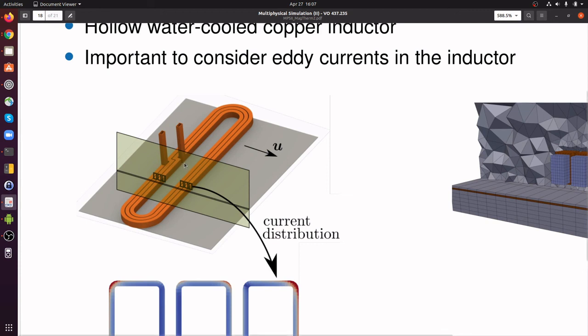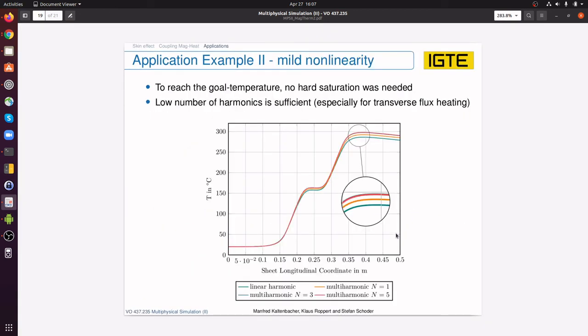Then it cools down a little bit, or does not heat up as much as directly under the inductor. And then there comes the second kind of boost to obtain the final temperature. Then after the inductor, the temperature of the sheet is cooling down again, and this is depicted in this graph here.